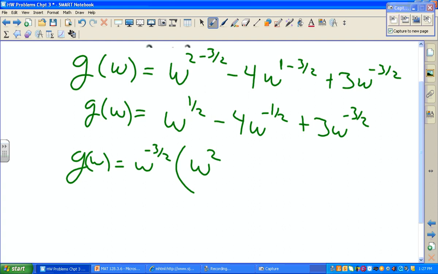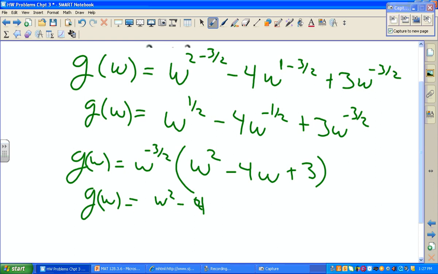What's negative 1 half minus a negative 3 halves? Close. 2 halves, I believe. Minus 4w plus 3. So then we have g of w. You have w squared minus 4w plus 3 over w to the 3 halves.